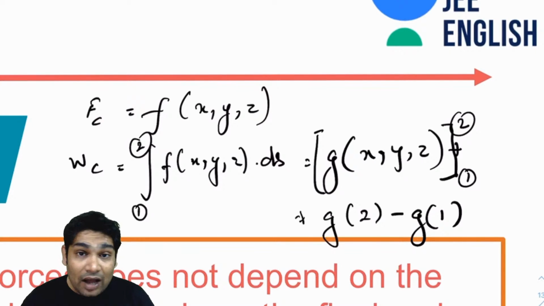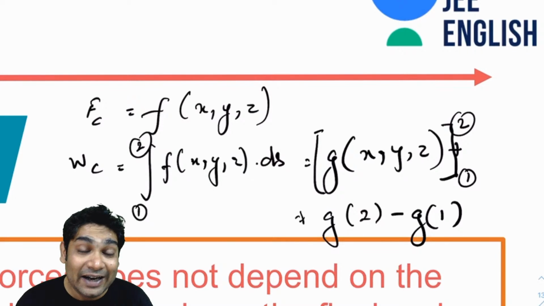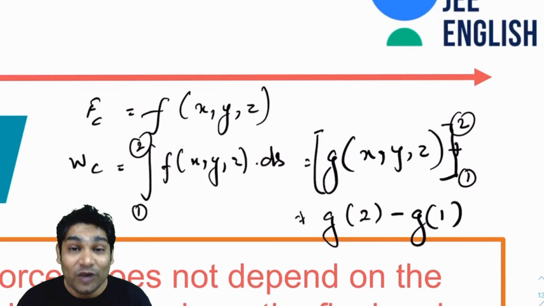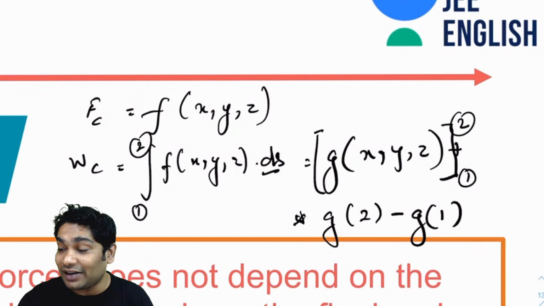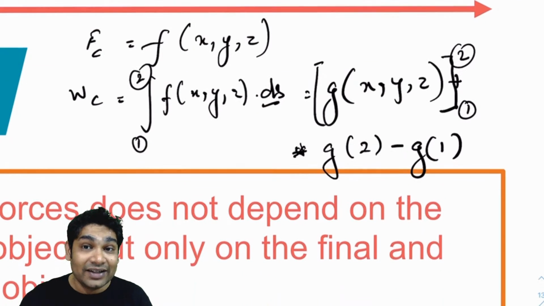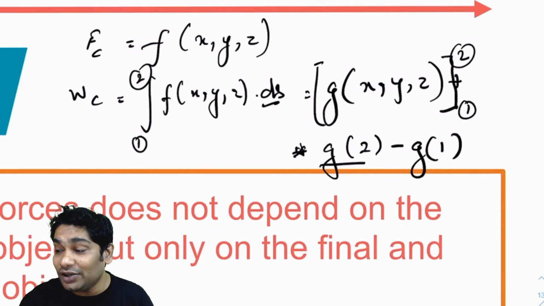Now that we know that this is going to be independent of the path, which means every time I integrate along any ds, doesn't matter which, I should get this same mathematical function again and again. Why? The result has to be independent of the path. It has to depend only on the positions.